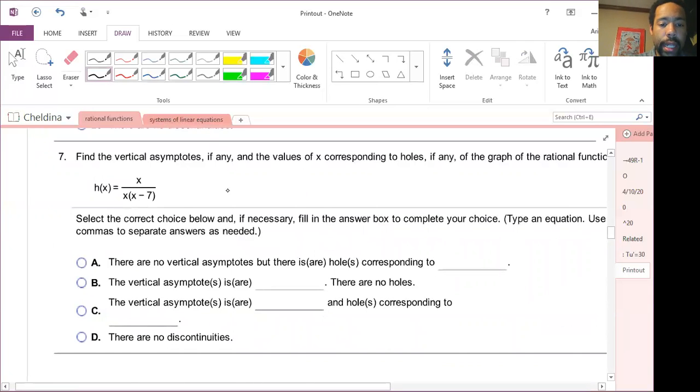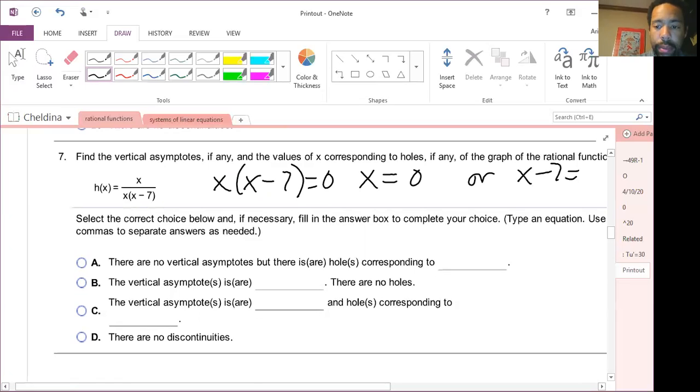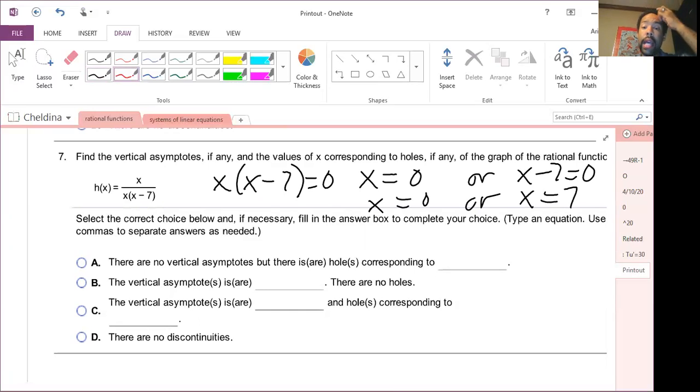Here, if you set the denominator equal to 0 again, you get x equals 0, or x minus 7 is equal to 0. So x equals 0, or, adding 7 to both sides, x is equal to 7. Now this is different because vertical asymptotes create problems.